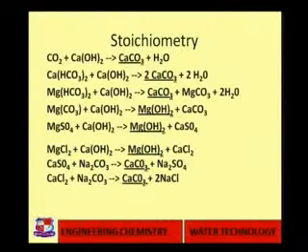You can see some amount of lime and soda may react with some other chemicals also. First let us see, this is calcium bicarbonate, which causes temporary hardness. Lime reacts with this and converts it into CaCO3, which is insoluble. Magnesium bicarbonate, again temporary hardness causing, reacts with lime and converts into CaCO3 and MgCO3.